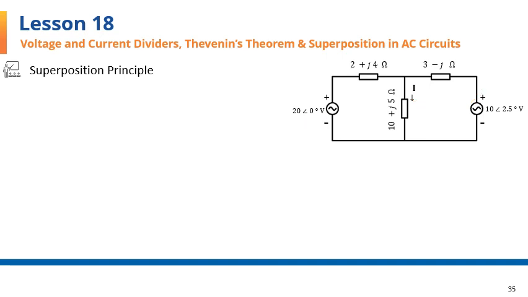And then restore the source on the right and zero out the 20 volt source this time, and then find the current through the center impedance due to the 10 volt source alone. Once those two currents have been found, I'll simply add them together to find the answer.